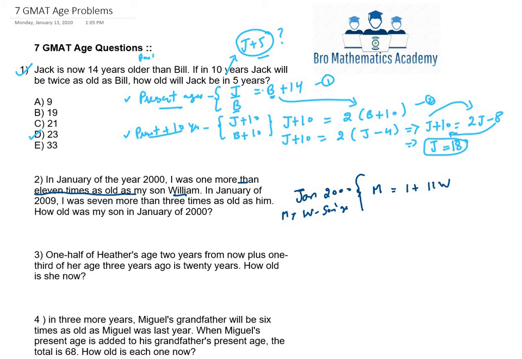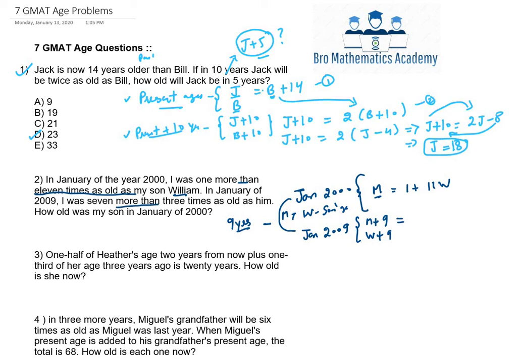So in January of 2009, now January of 2009 means how many years? 9 years. 9 years later, I was 7 more than 3 times as old as him. So what will be the age of man and William after 9 years? Their ages will be M plus 9 and W plus 9.